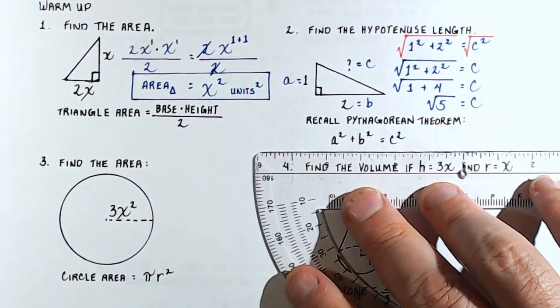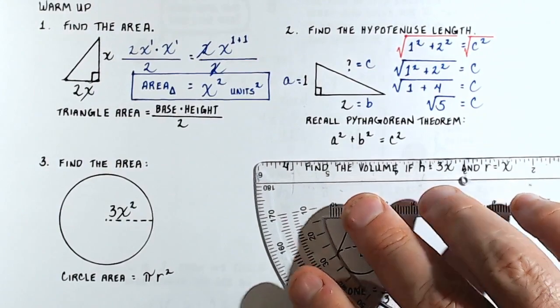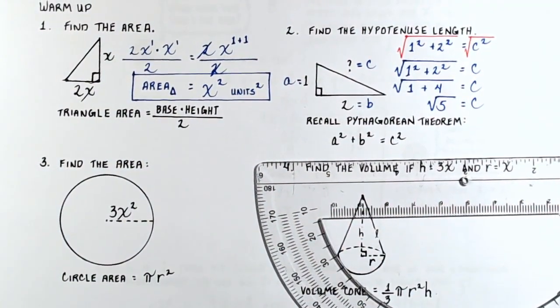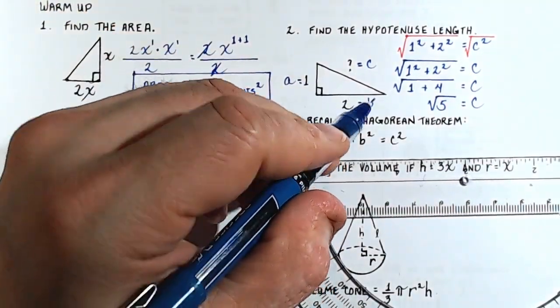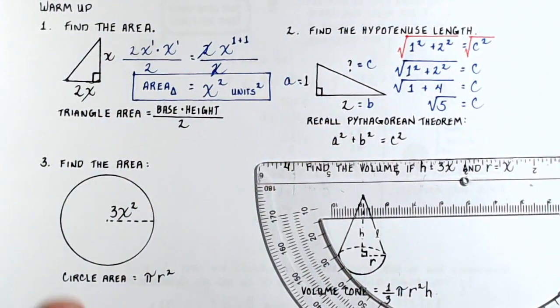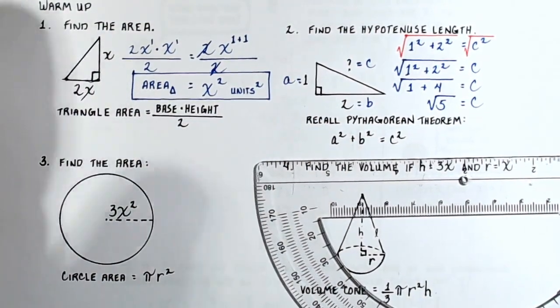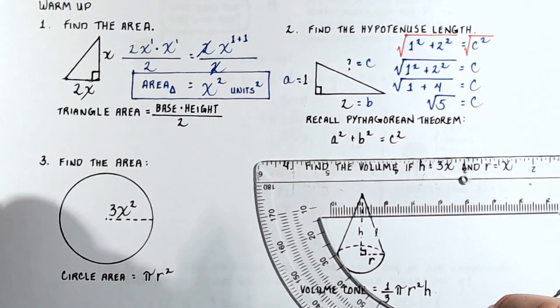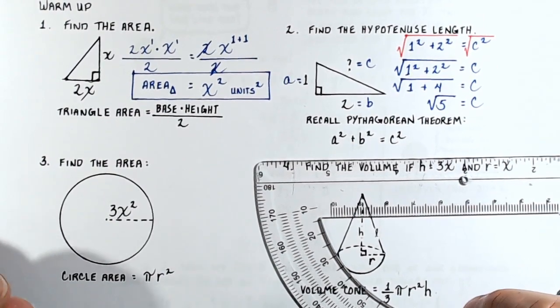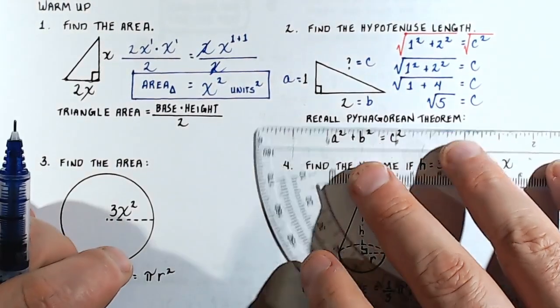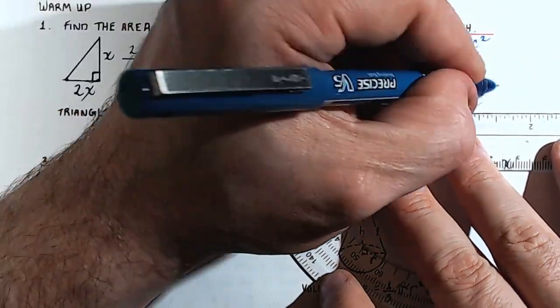This is called a special right triangle because it has this relationship: 1, 2, square root 5. This is one that you'll want to memorize. There are a few of these, two or three at least, and you'll want to memorize these special right triangles. So c is the square root of 5.